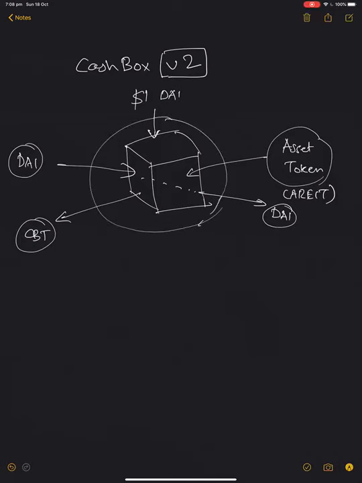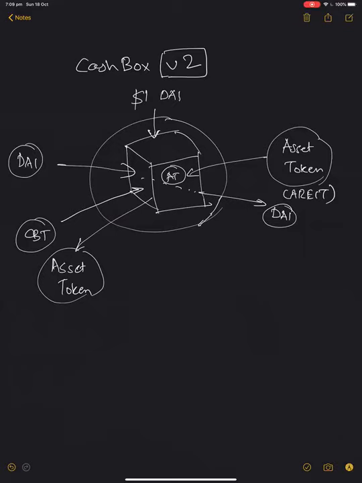So that when somebody puts in asset tokens over here, you can then claim the asset tokens by putting in your CashBox tokens back and getting the asset tokens. Okay. So this is the overall model of the current version of the CashBox.